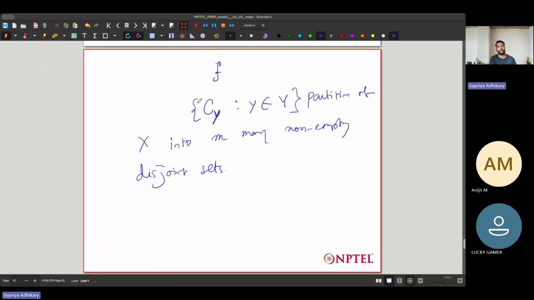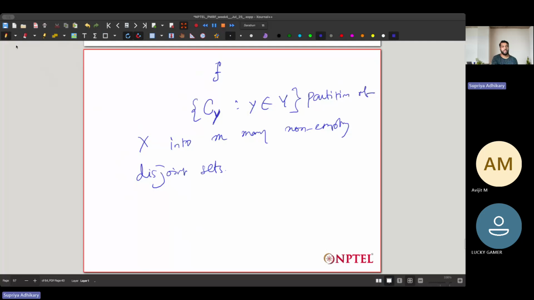So now what we are going to do is find the number of such partitions on a set, and once we find the number of such partitions, then we will find the number of these surjective maps in terms of that. So what is the number of partitions of X?